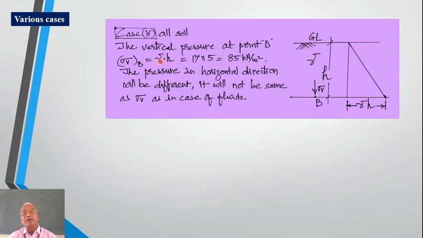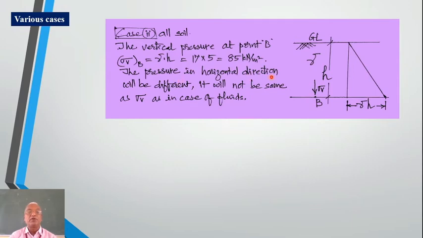But the gamma is, let us say, 17 kilonewton per meter cube. The depth is, let us say, 5 meters. Right? You can just see here kilonewton per meter cube into meters becomes kilonewton per meter square. That is the unit of pressure, kilonewton per meter square. So it is 85 kilonewton per meter square would be the vertical pressure.